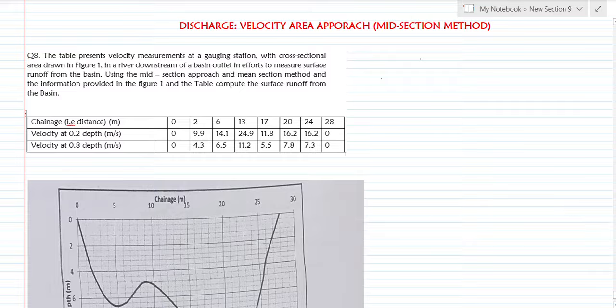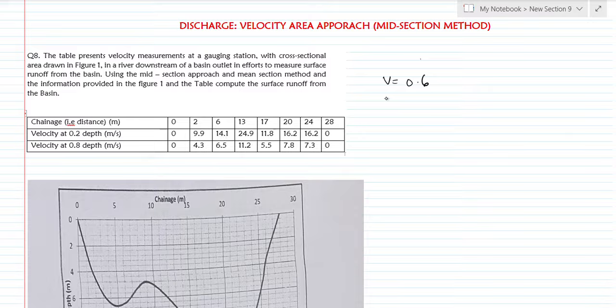But in cases where the velocity is measured at a depth of 0.6, you use that 0.6 velocity. But where they give you two different depths of velocity measurement, that is at 0.2 and 0.8, you need to find the average velocity. So the first thing that we are going to do in this question is to find the average velocity.